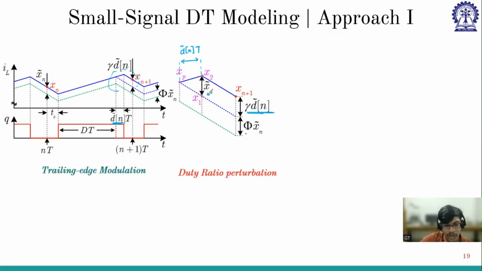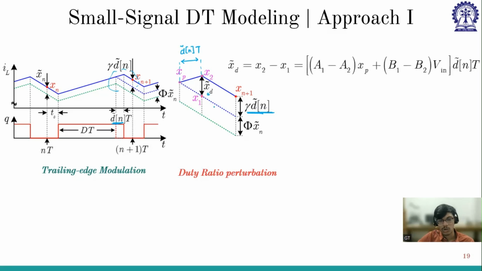And this is phi of xn perturb. So let us not go into this. First I want to find xd perturb, and then I'll find gamma d perturb of n. To start with, I know x dot is equal to Ax plus B into vin, right? So x dot is what? dx by dt, right?